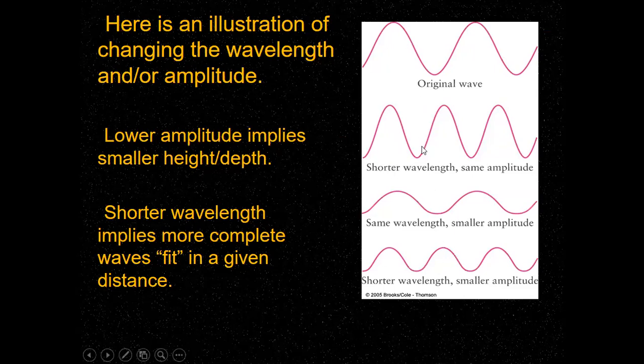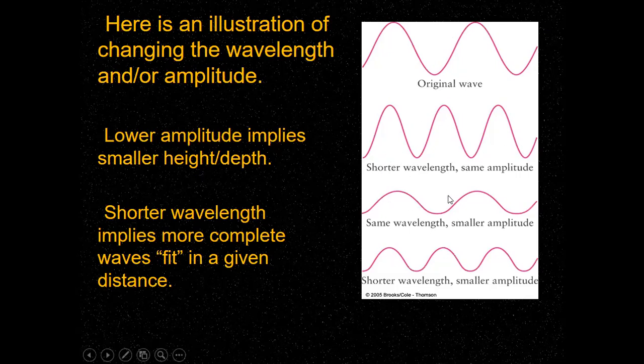Here, the peak to peak distance on the first one is from here to there, but on this one the peak to peak distance is here, right? So the wavelength is shorter, but the height is about the same. Comparing these two waves, the second one has a shorter wavelength and the same amplitude.